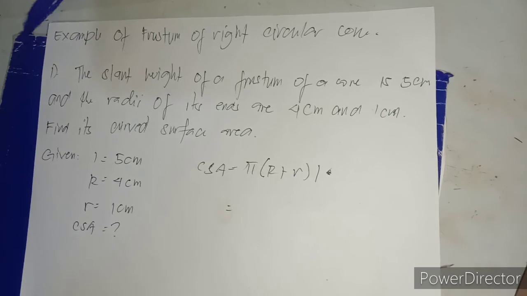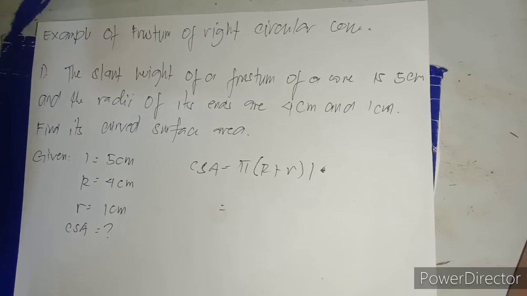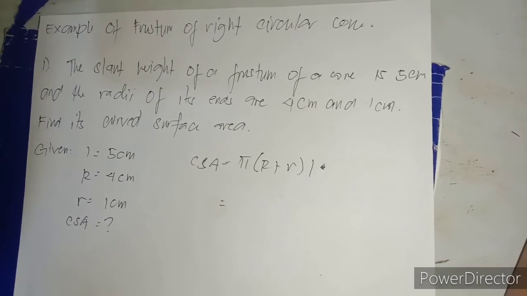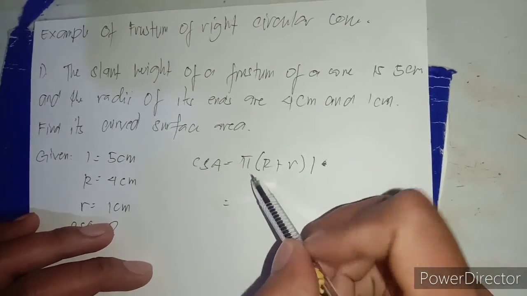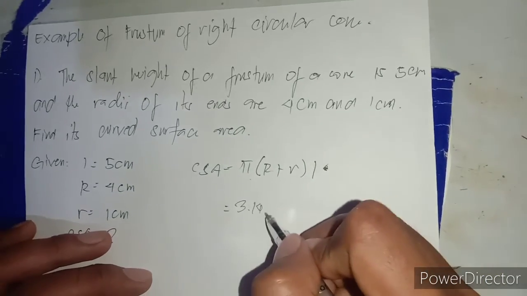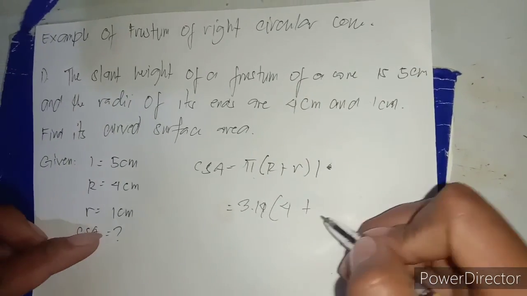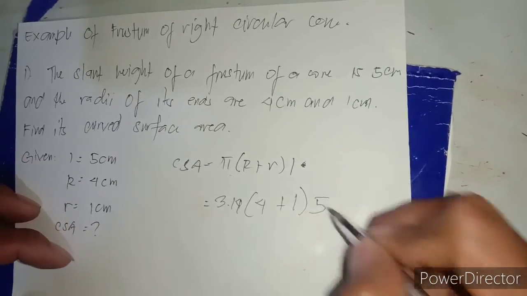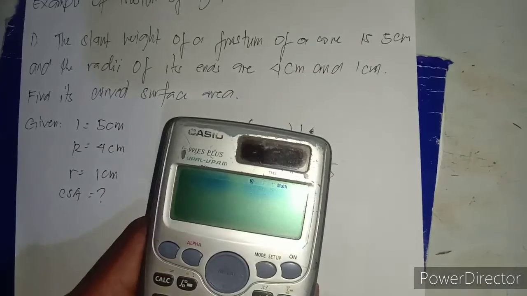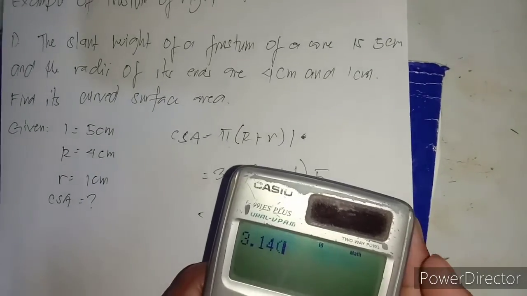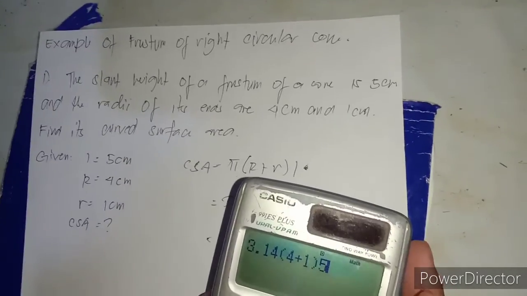So the formula to solve the curved surface area is equal to pi times r plus R times L. The equivalent value of pi is 3.14. The R is 4 plus the radius is 1. The L is 5.